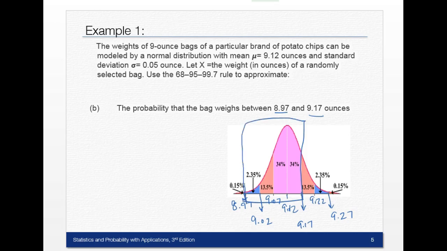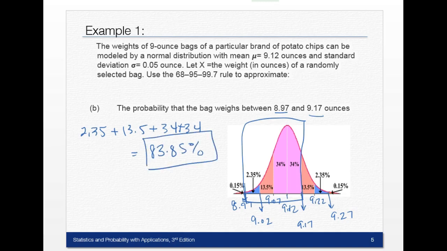I simply need to add up those percentages. So what is it? 2.35 plus 13.5 plus 34 plus 34. All right, so I take my calculator out and I add those up. And I get 83.85%.